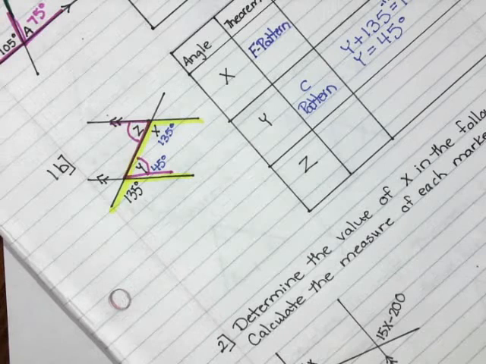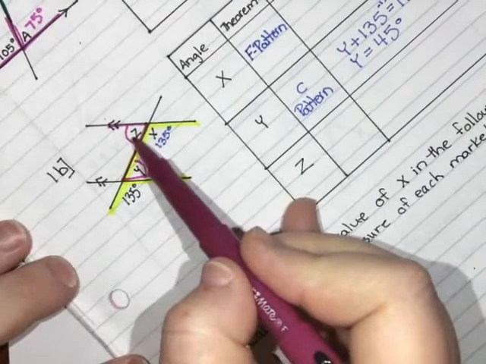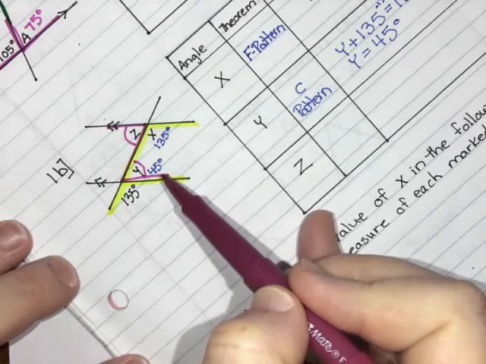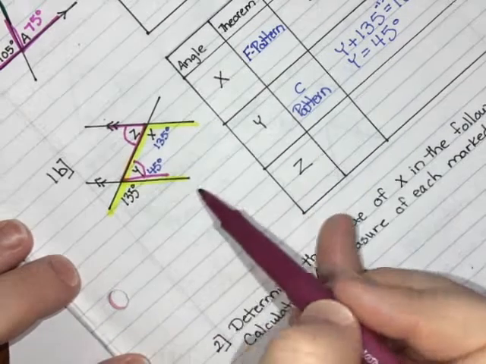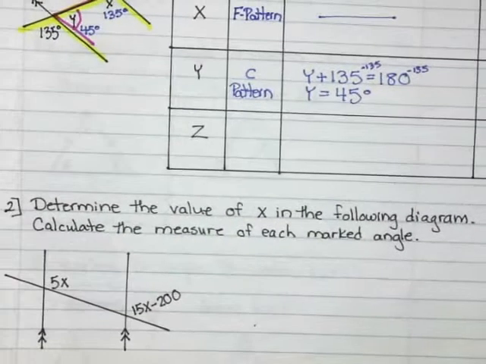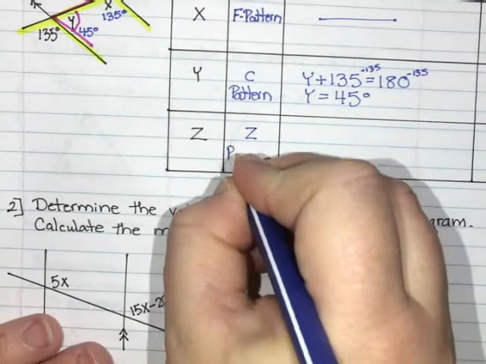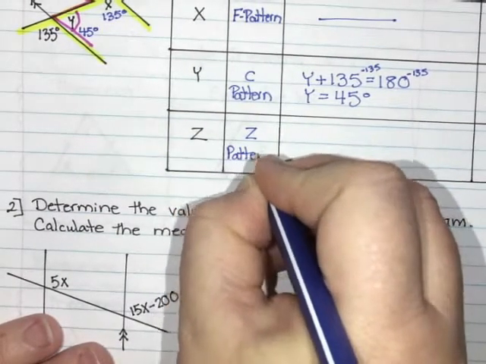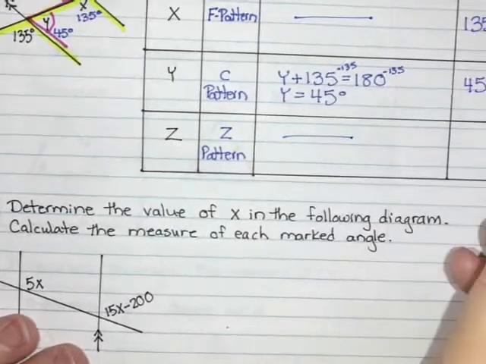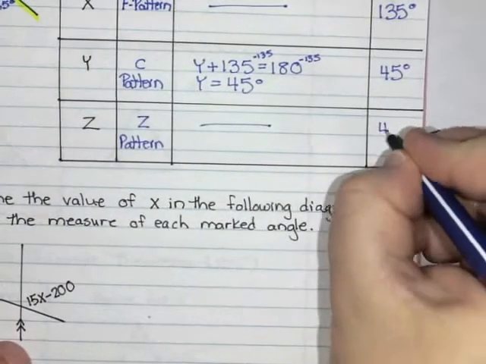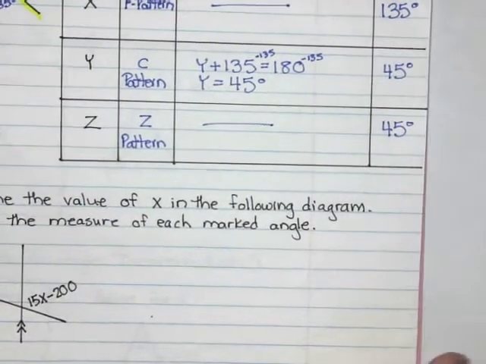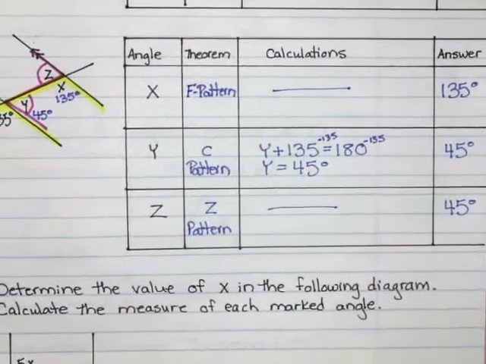Z pattern doesn't require any calculation, and I'm all for that. So I could just say that Z is 45 degrees because of Z pattern. I like the idea of using Z pattern to find angle Z. So I'm going to write Z pattern. Doesn't need any work, so just a line there, and it is 45 degrees. All right, we've got one more question to go.